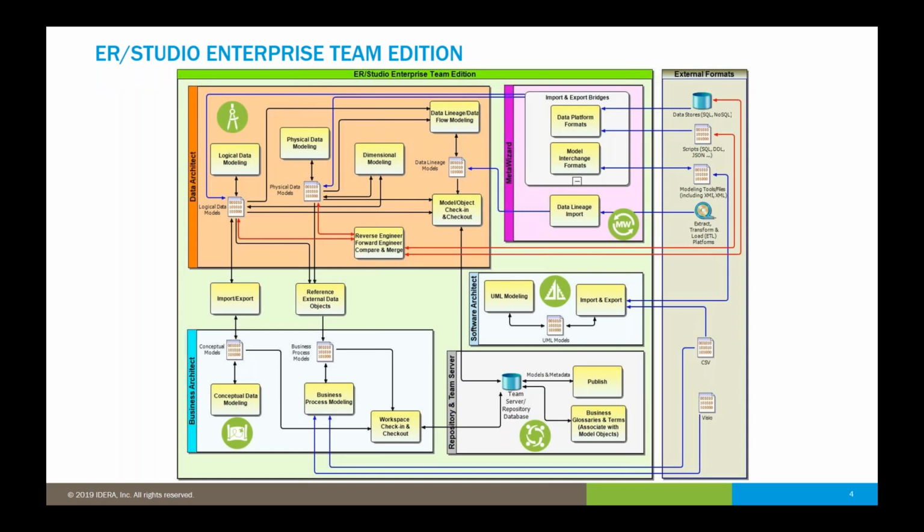Just a high-level overview of the ERStudio Enterprise Team Edition, just to give an overall viewpoint of how the suite fits together to fit that picture that we just talked about on the previous screen. I'm going to start in the bottom left of the screen, actually, and talk about the Business Architect tool, which is typically where business analysts, business architects, and those types of stakeholders do a lot of their work.